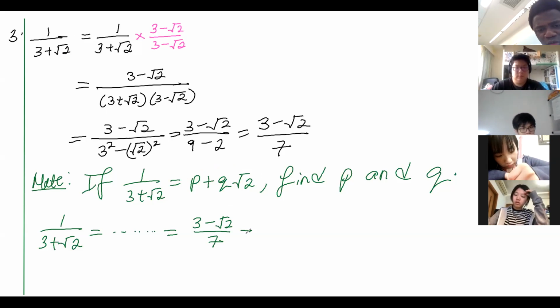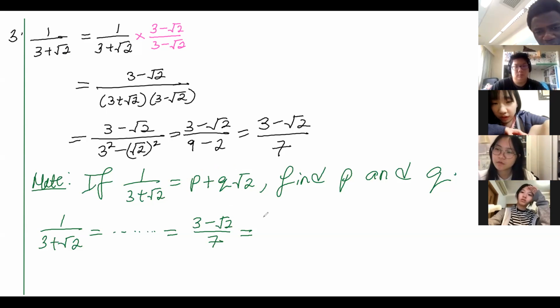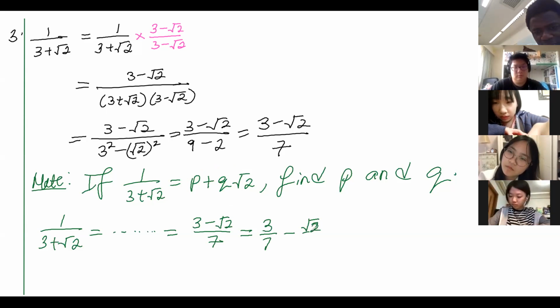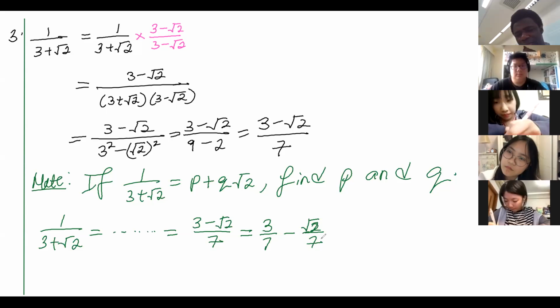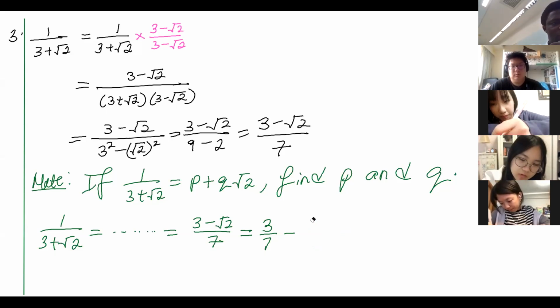Can somebody advise what to do here now? You don't need to change 7 to a power of negative 1. Just split the fraction. Just separate it like this. That's all you have to do. Write it clearly so you can see the coefficients properly.